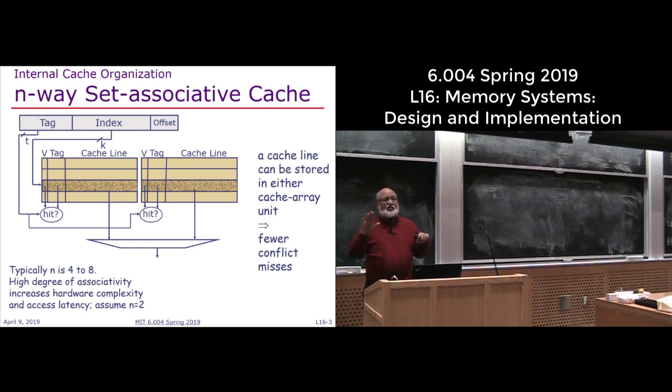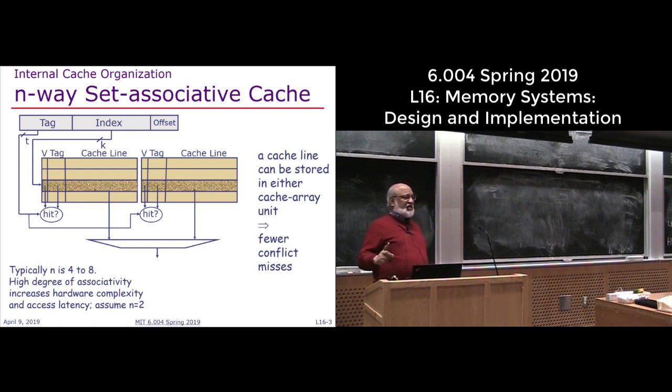And one invariant that has to be maintained in the implementation of this is you cannot get a hit in both of them, because that's like saying a word is being duplicated, right? The same word, same address is resident in this direct map cache as well as that direct map cache. That's not allowed. All right, so a word, a line, whichever way you want to think about it, can be resident in only one of the ways, right?